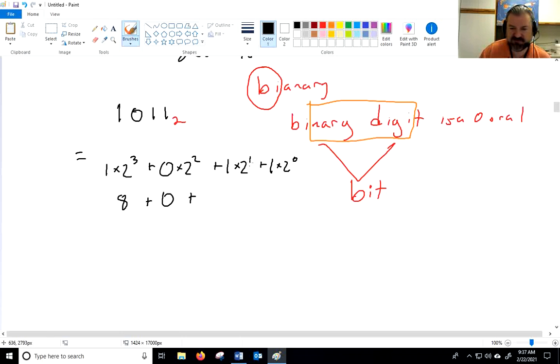And 2 to the first is 2, times 1 is 2, and then 2 to the 0 is 1, so just plus a 1. So what we end up with is 11. 1011 in base 2 is equivalent to 11. It looks like another binary number, but it's not.